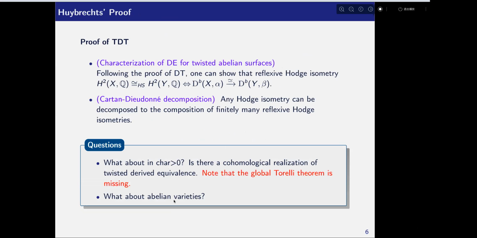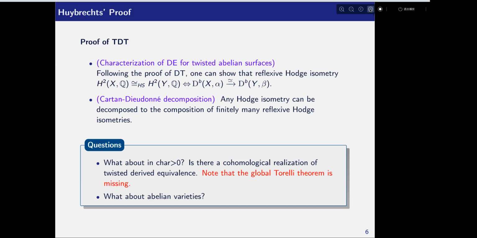Another question is what about abelian varieties? On abelian varieties there is also a very beautiful derived equivalence relation, and over the complex numbers we also have many nice cohomological realizations of such derived equivalence.